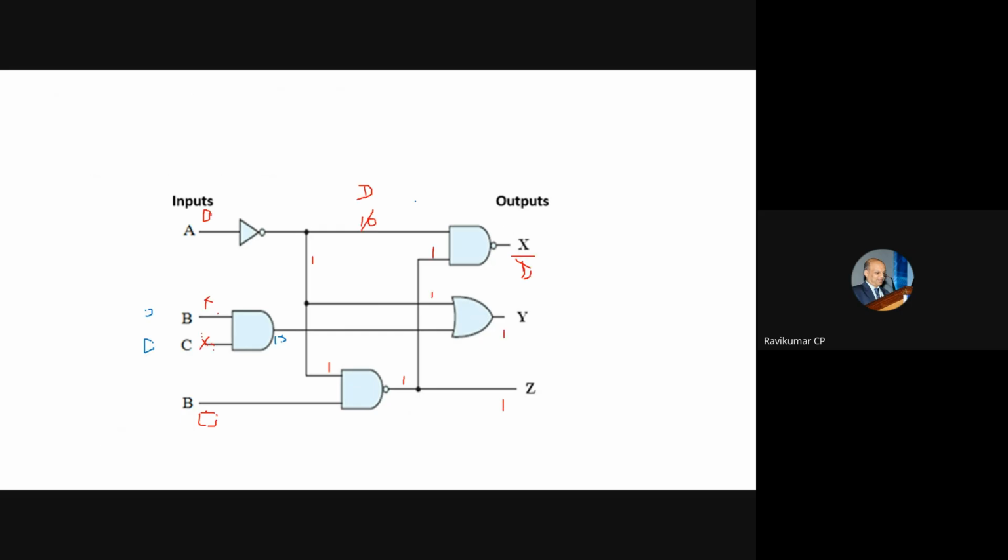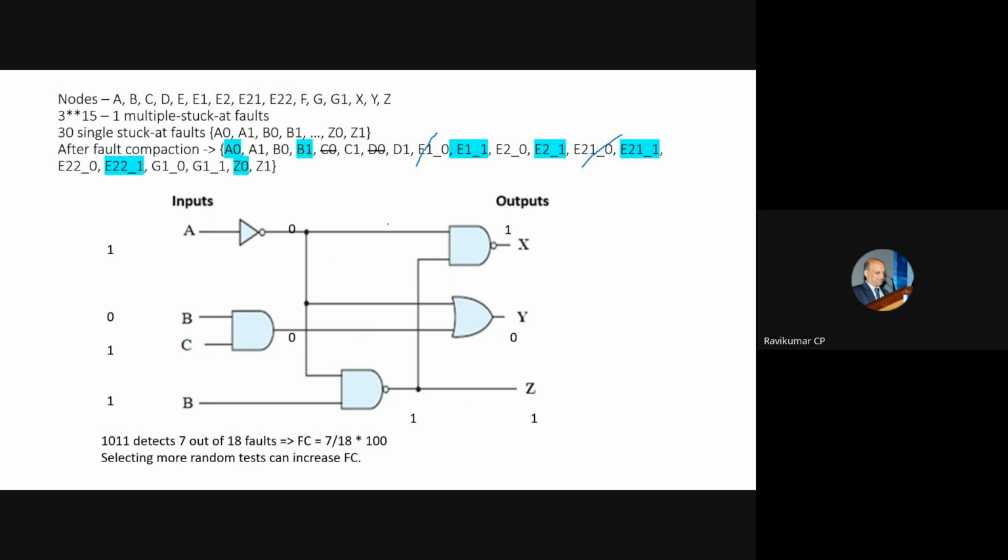Okay, and I don't know whether anything else will be caught. I don't think anything else will be caught, perhaps. No, maybe B1 will be caught, right? B1 will be caught because if this changes to 1, it will change to 0. So B1 will be caught. But B1 is already caught. Okay. So 0, 0, 0, 0 will catch two more faults.